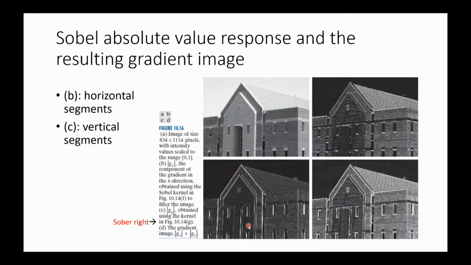And this image C is the vertical. It gives the strongest response to pixels located on vertical lines. By combining one with the other, I have this very nice image. Is it good enough for segmentation? What do you think? No, it's not good enough.